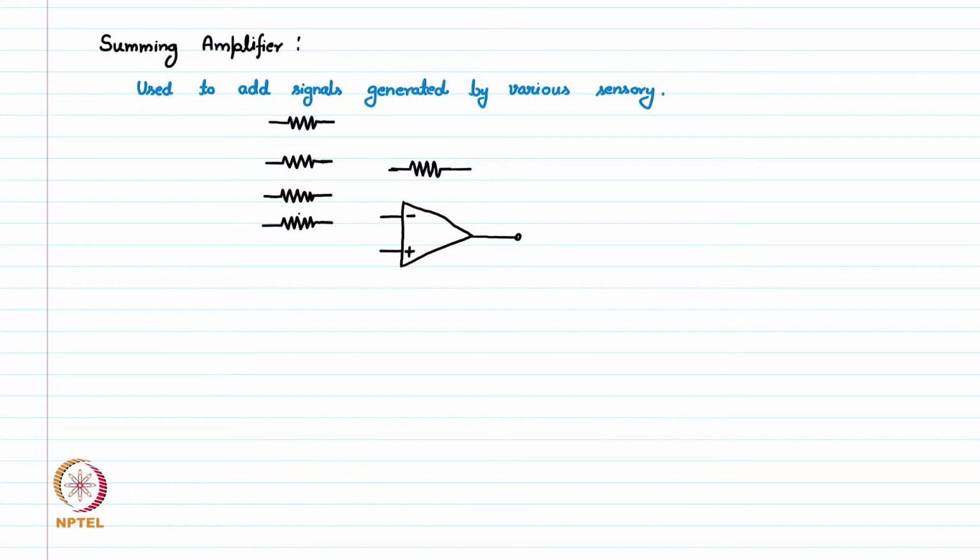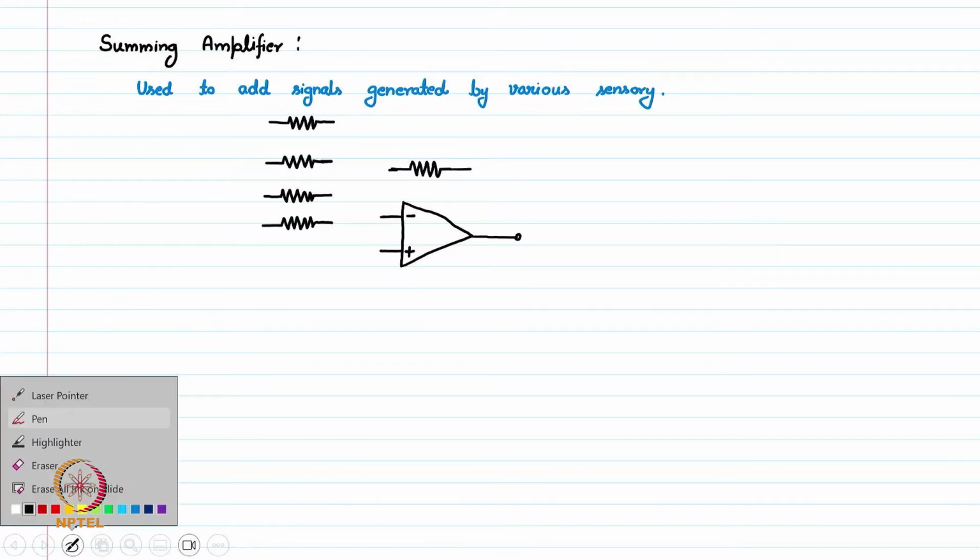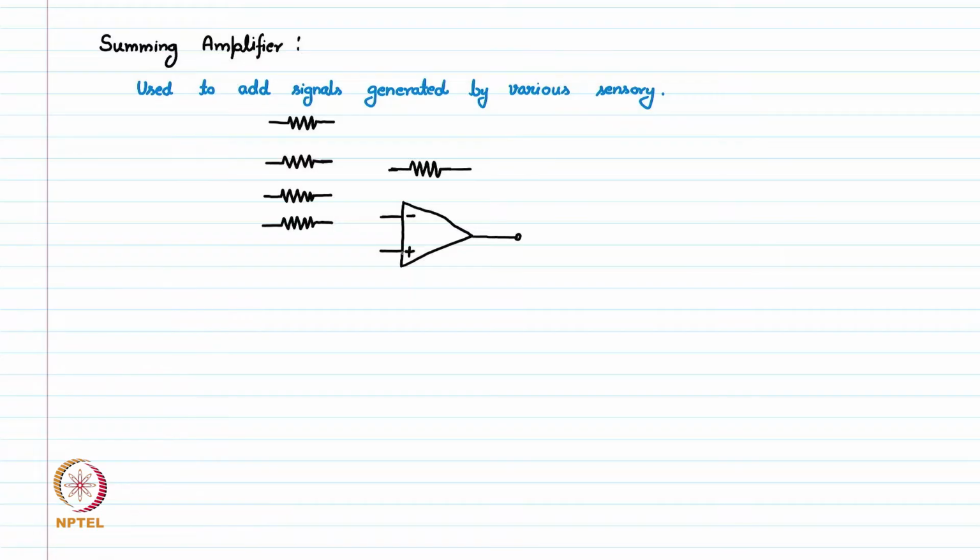So these are 4 resistances. The circuit looks something like this. The positive terminal of the op-amp is grounded and the negative terminal is connected to all these resistances. These are connected here.